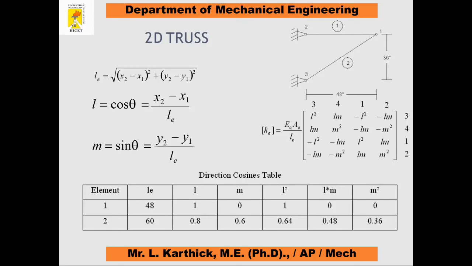Length of the element equal to root of (x2 minus x1) the whole square plus (y2 minus y1) the whole square. As well as for direction cosine, L equal to cos theta equal to (x2 minus x1) by LE, a trigonometric term, and sin theta equal to (y2 minus y1) by LE. So if we find L and M, then it is easy for us to analyze the L square, LM, M square values. You just try to apply the values in this stiffness matrix equation.